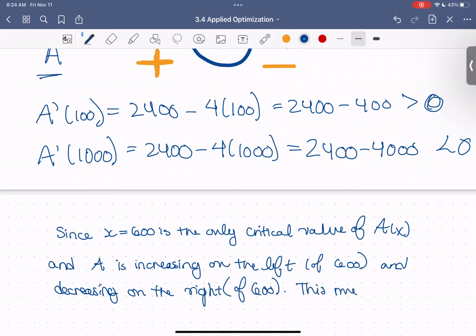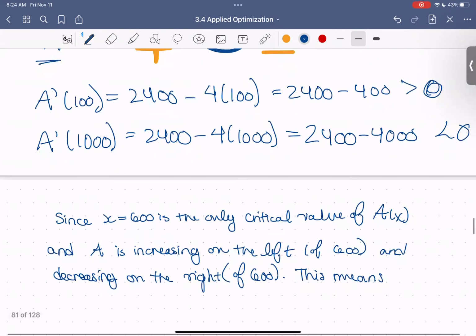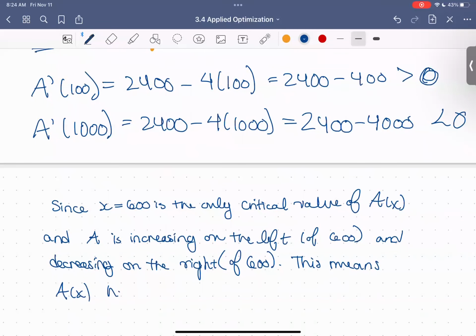This means the function a of x has a max at 600.